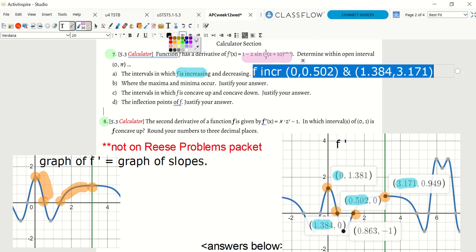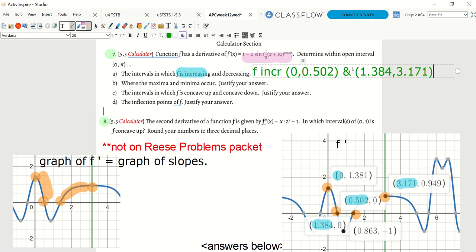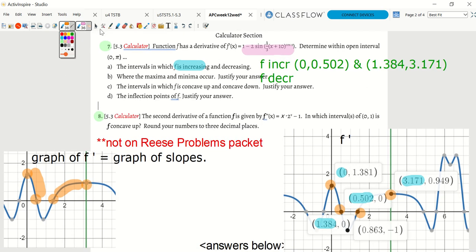F is decreasing right here, at this orange. Okay, let's get rid of these right here, that and that, this, this, and this.